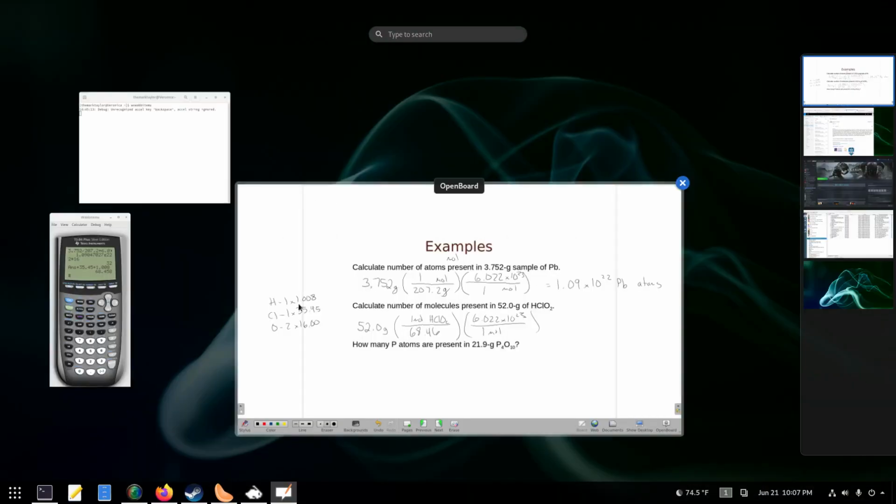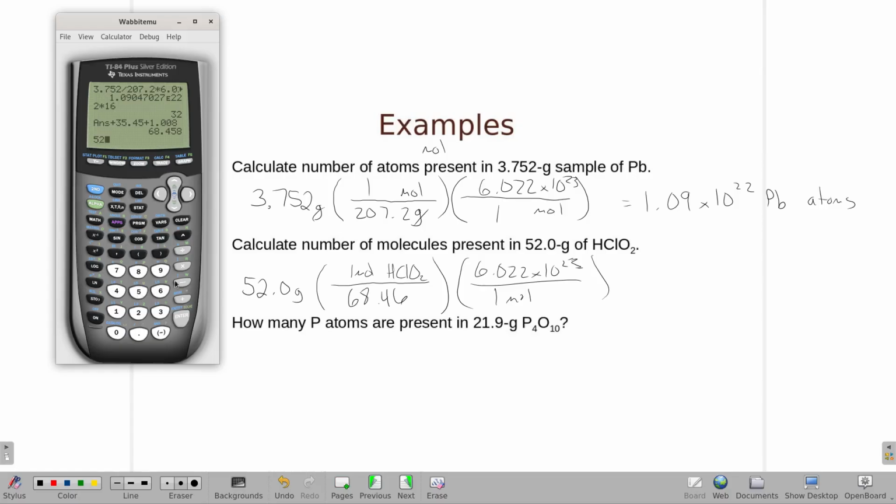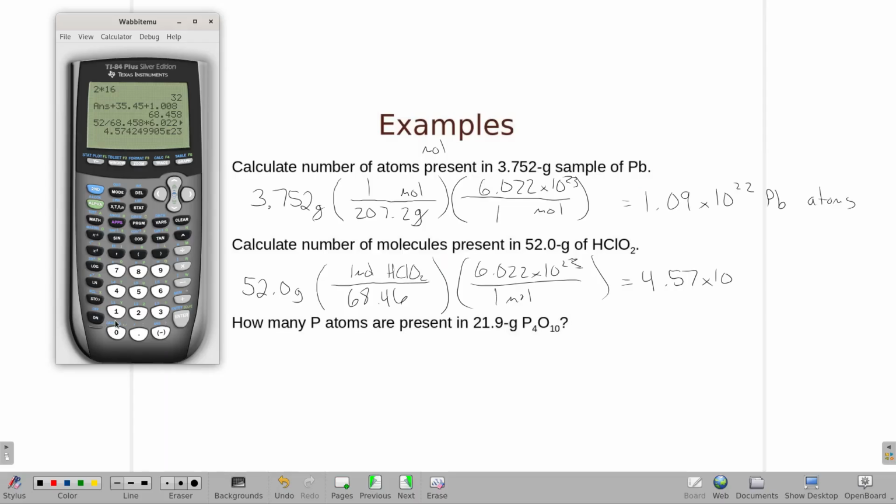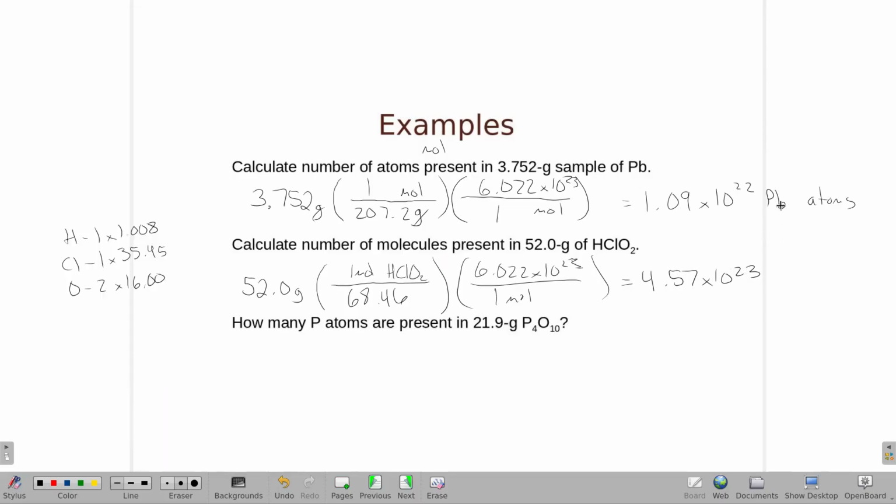And so this full calculation, 52 divided by that 68.46 times 6.022 times 10 to the 23rd. And I get the number of molecules, 4.57 times 10 to the 23rd. And this would not be Pb atoms, but HClO2 molecules.